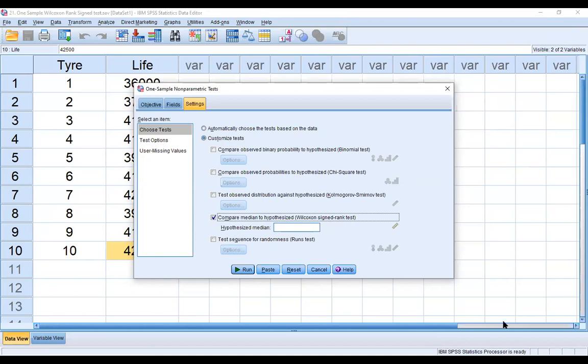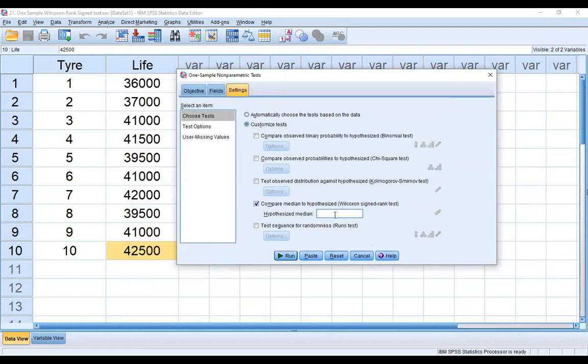Now after that, what value should I put here? Can anyone inform me? What should be the hypothesized median? Can anyone tell me? Yes, you are right, 40,000.